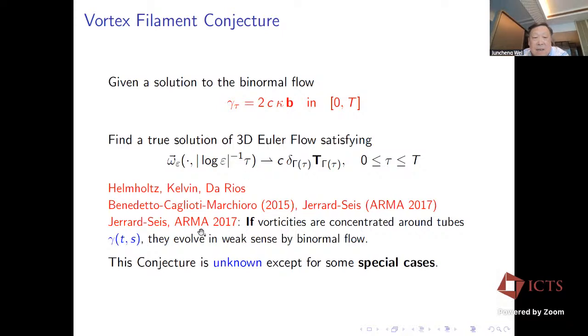There is some evidence of proof by Jerrard and Seis, who show that if the vorticity is concentrated around a tube, under some technical conditions, it will evolve weakly to the binormal flow. But this conjecture is still completely open, except in some special cases.